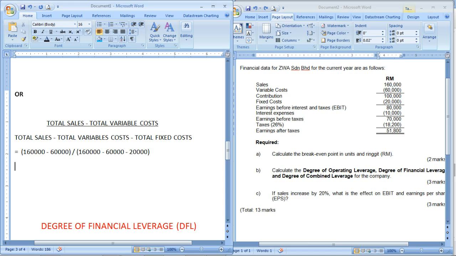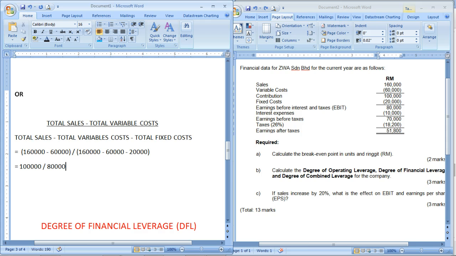Now you need to calculate. 160,000 minus 60,000 you get 100,000. Divided by 100,000 minus 20,000, you get 80,000.